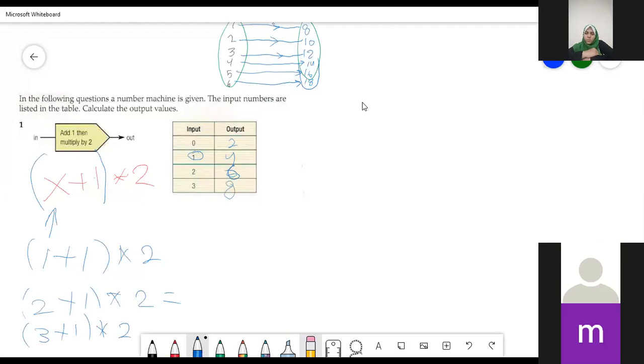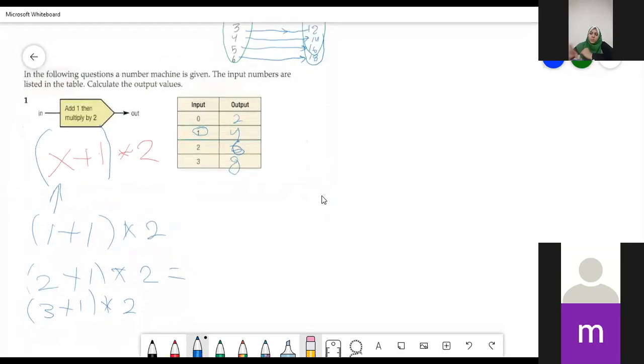So we keep up to the outputs. So this is the answer of the question. I'm going to stop here. I'm going to give you homework, and please write it down in your notebook right now.